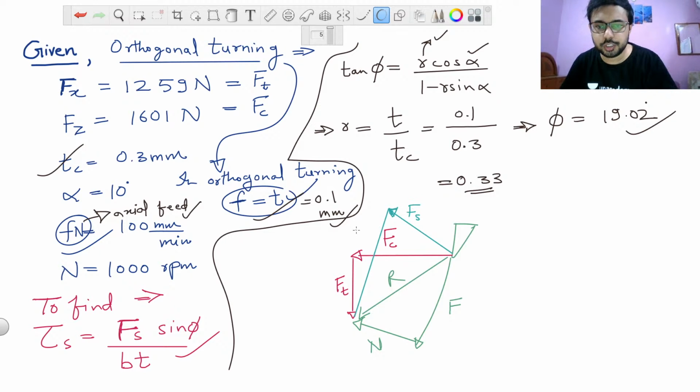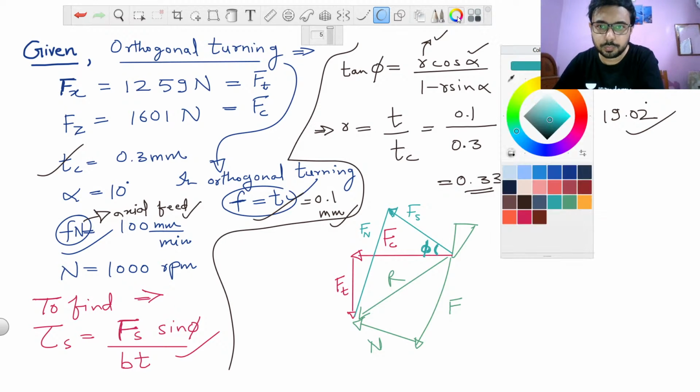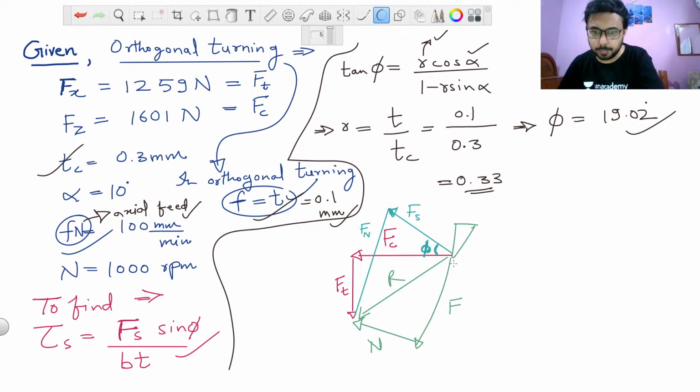This is Fs, shear force, and this is Fn, the force that is normal to the shear plane. And this angle right here is your phi, the shear angle, and this angle is your alpha, and this angle is beta, that is the frictional angle.